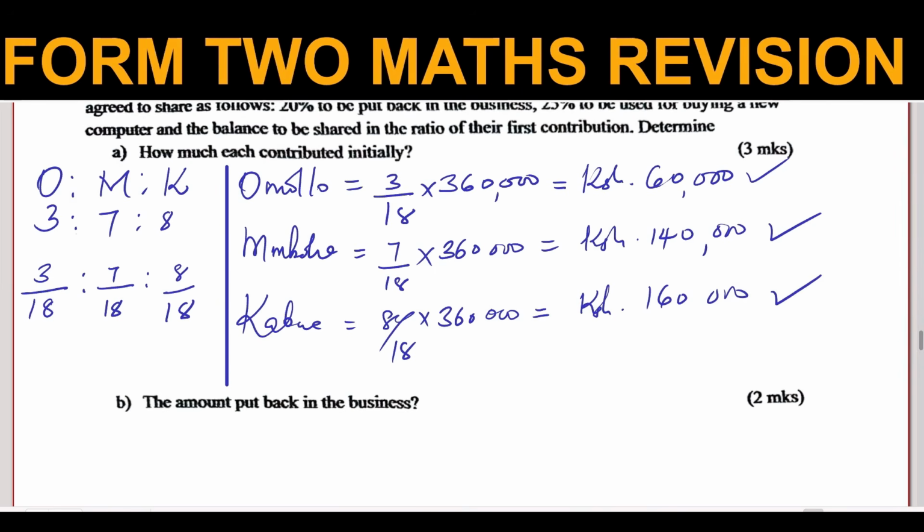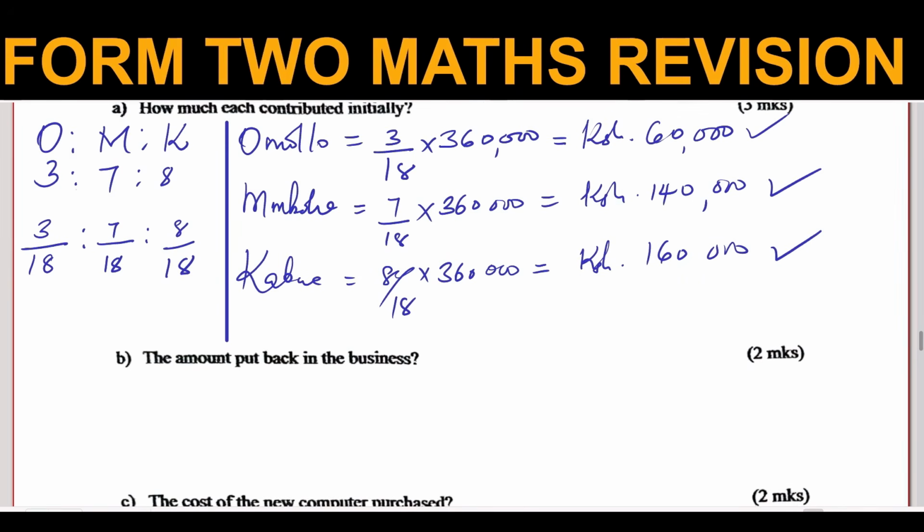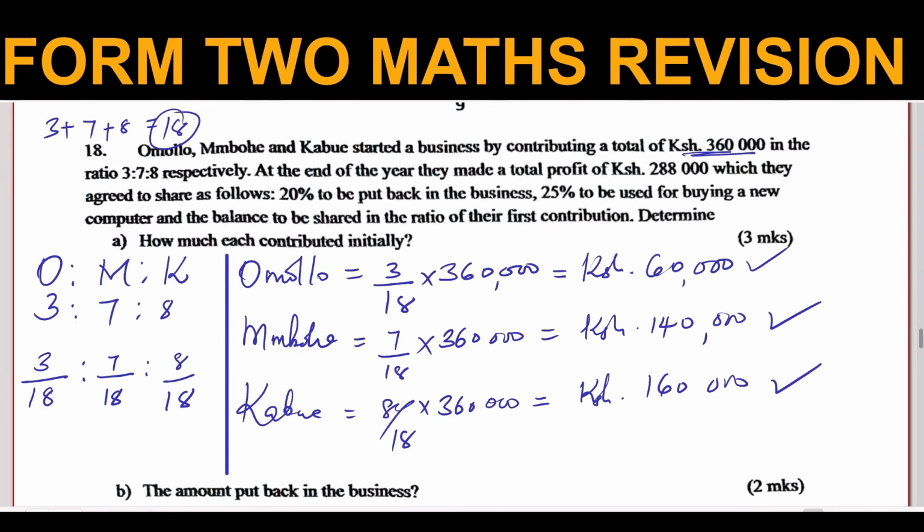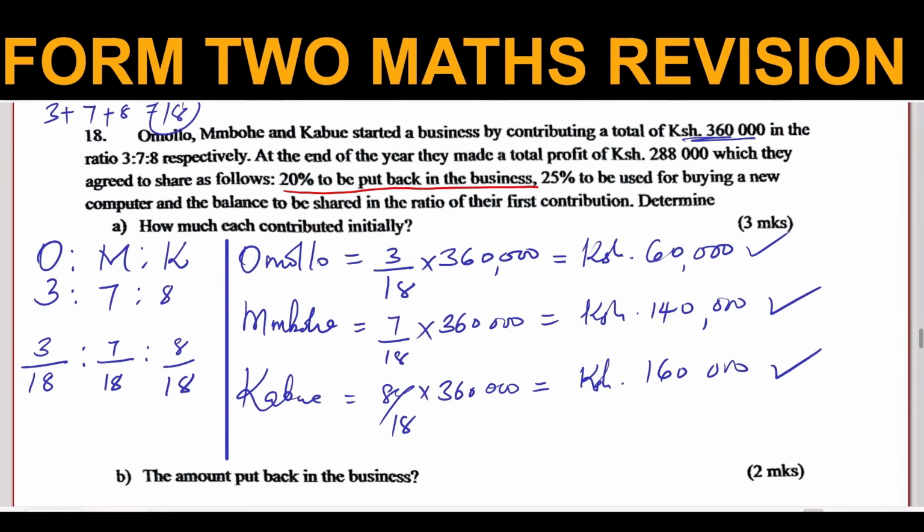We go to part B, the amount put back in the business. We are given the percentage. The amount put back in the business here is 20%. So 20% of the profit.